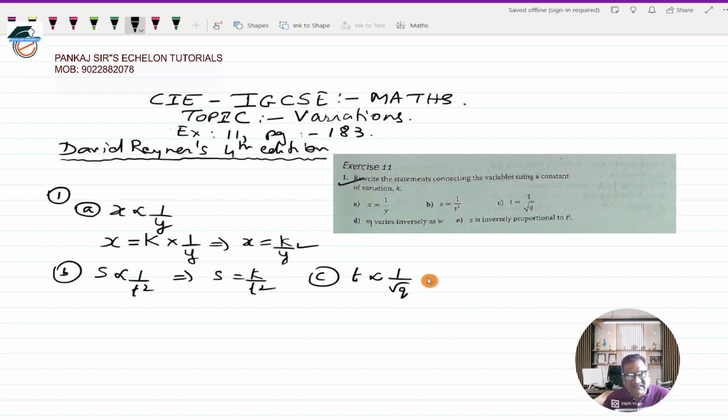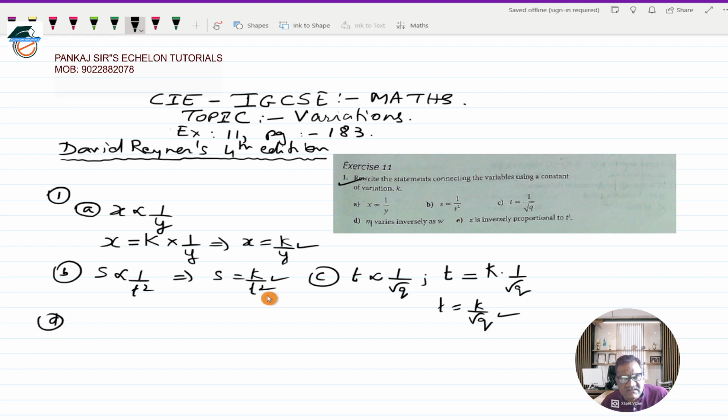Now when you want to put in the constant, you write t as it is, replace the proportionality sign by an equal to sign, and just multiply by k. This can be written as t is equal to k upon root q. This is the answer for C.